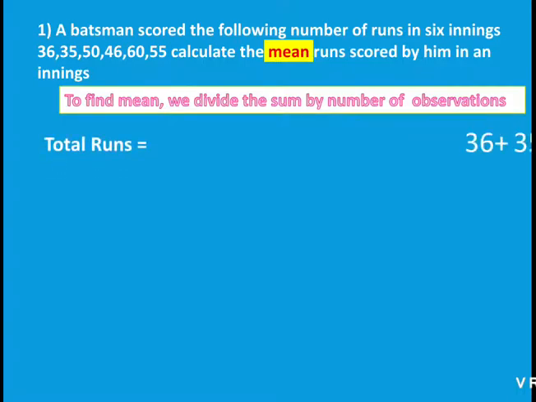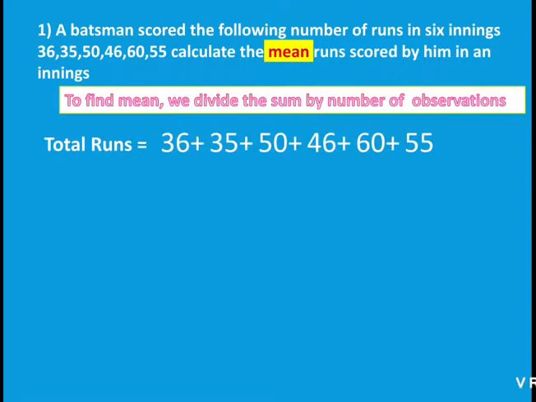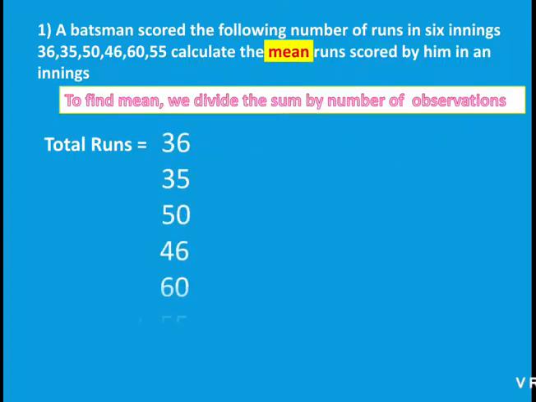So total runs equal to 36 plus 35 plus 50 plus 46 plus 60 plus 55. Next we find the sum. We add the 6 numbers. We will get 282. So number of innings we know, 6. Total 6 innings are there. That is, number of observations are 6.